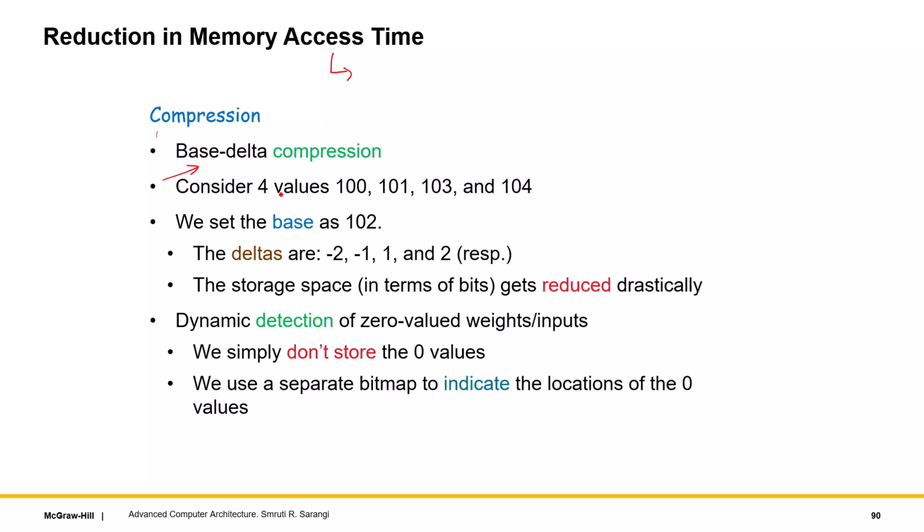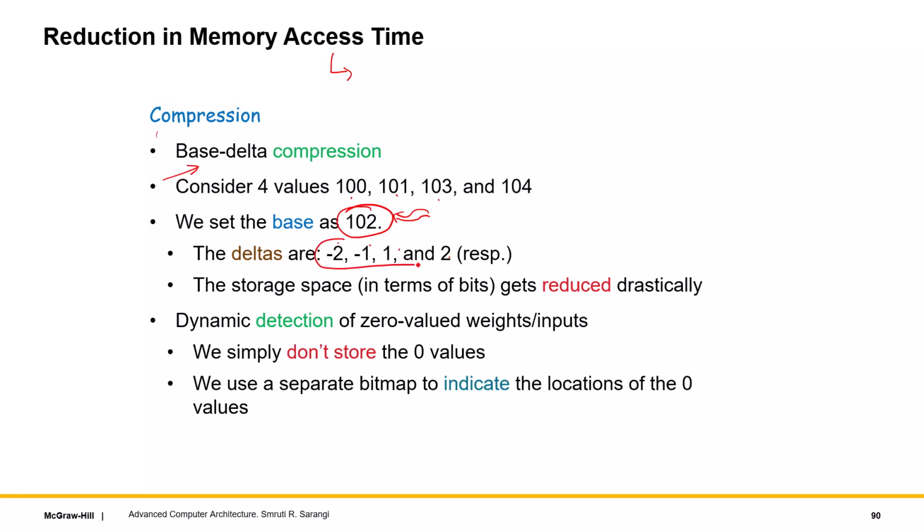Consider four values, 100, 101, 103 and 104. Let's say I take the mean value, or the base, to be 102. All I need to do is store 102, that's all. And then for every value I can store the delta, or the difference with respect to the base, which is -2 for 100, -1 for 101, 1 for 103 and 2 for 104.